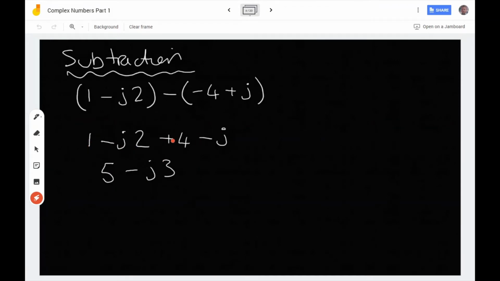So 1 plus 4 is 5, and minus j2 minus j is minus j3. If you want to ignore the j, you can say minus 2 minus 1 is minus 3, and then put the j back in if that helps. But it's useful to get used to manipulating it with the j in it. So 1 plus 4 is 5, minus j2 minus j is minus j3, and that's subtraction.